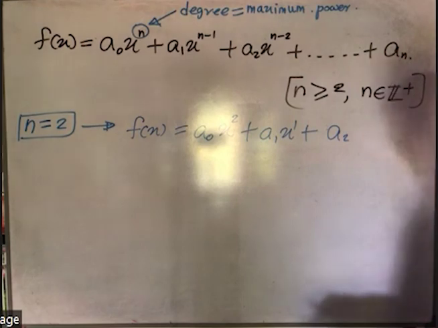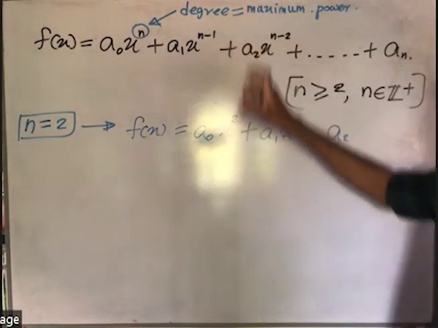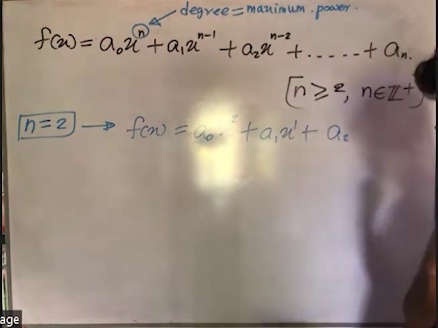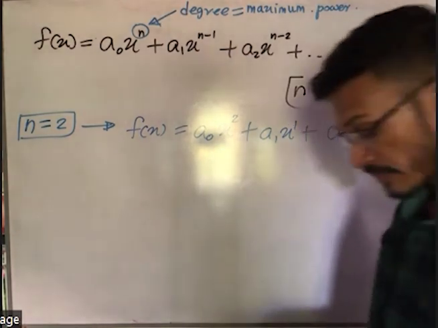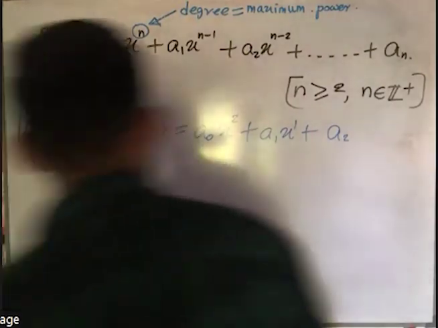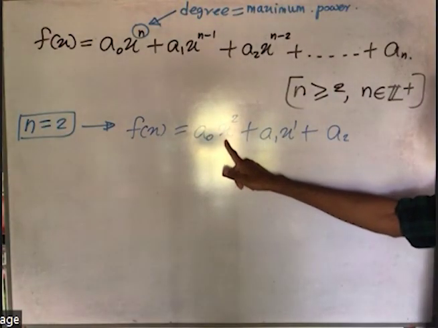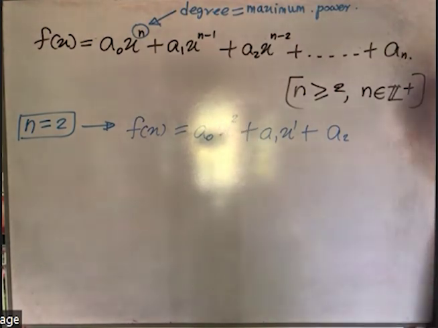Degree means the maximum power. Here the maximum power is 2, so the degree is 2. Then this is a quadratic function. That means the maximum power is 2, right?